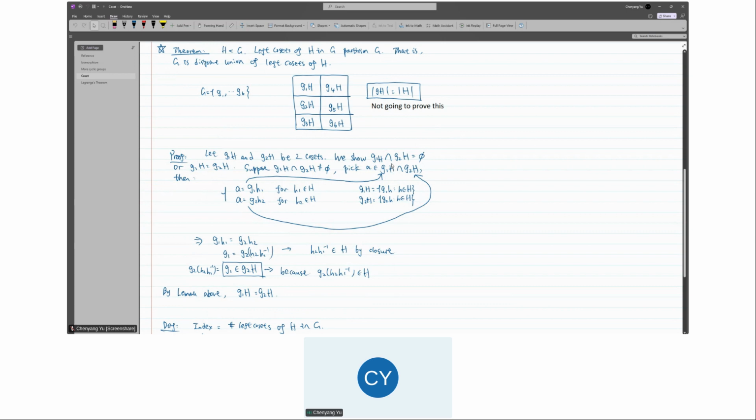Because the first coset has all the elements of the form G1 times H, the other has G2 times H. So we can say we have different elements H1 and H2. A equals G1 H1, also A equals G2 H2.